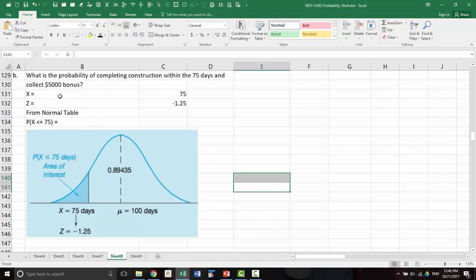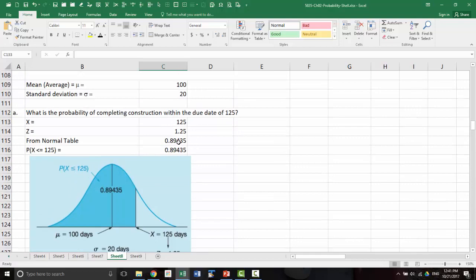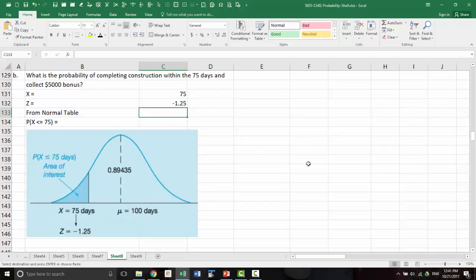So all we have to do is drop the negative sign and find the normal table value, which we already did here, 1.25. Remember, that would be the cumulative probability for 1.25.